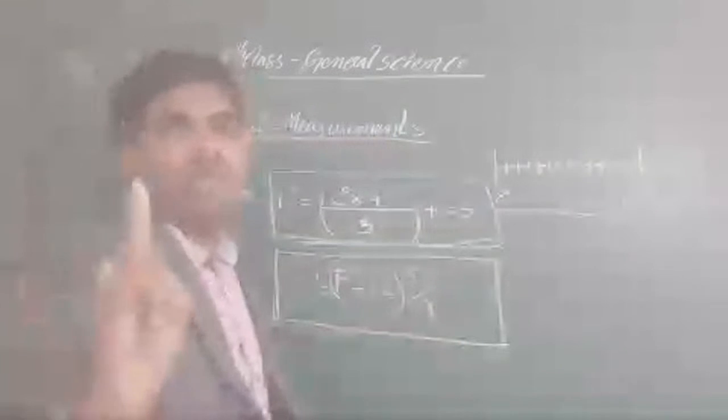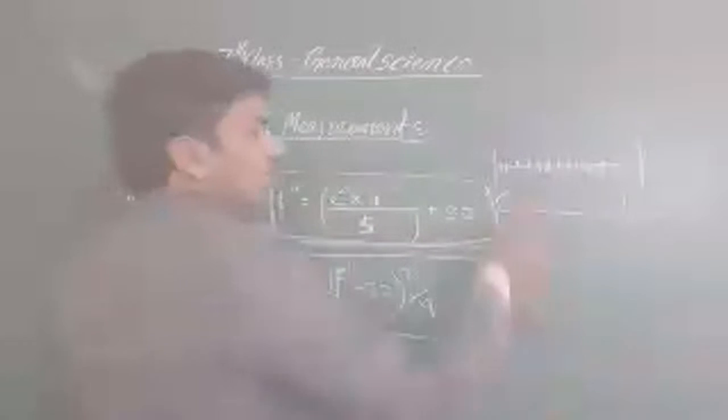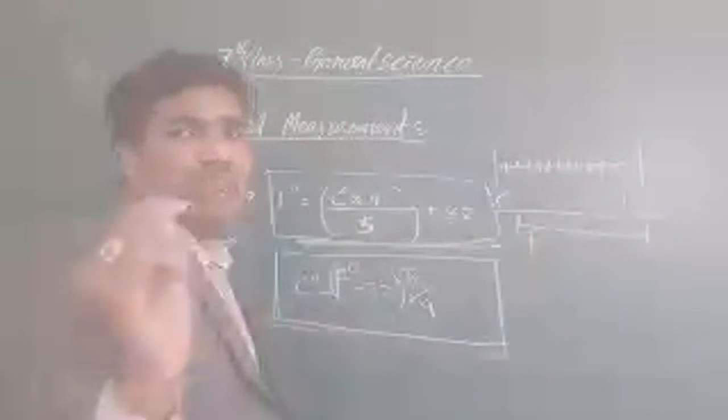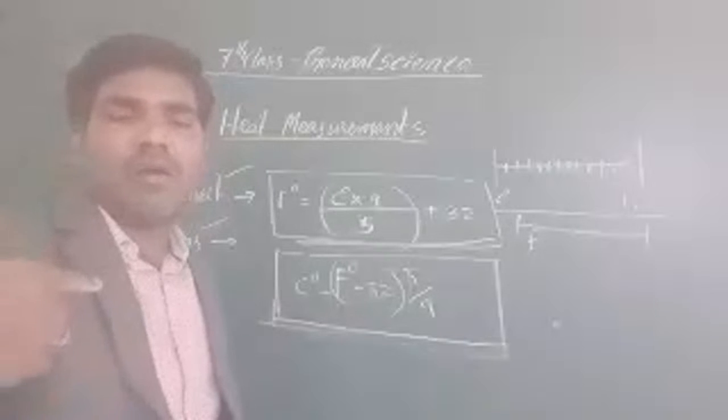Each division indicates 1 degree centigrade, 1 degree Celsius. In the Fahrenheit scale also, each division indicates 1 degree Fahrenheit. Clear or not, all the students?